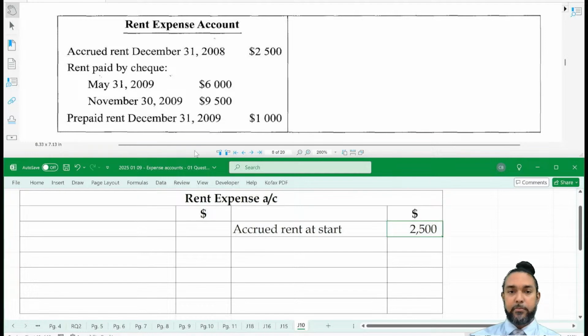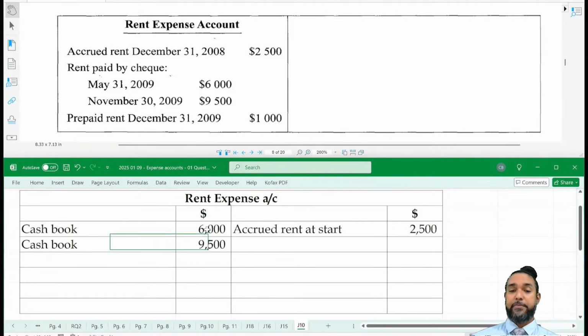Okay, now we have two amounts paid in respect of rent, one on the 31st of May, one on the 30th of November. Now again, you should have a date column. I should put it in, but yeah, this is me being lazy. So we have the cash book figure of 6,000 and then cash book again of 9,500. So we've paid a total of 15,500 in respect of rent, and we end up with a prepayment of 1,000.